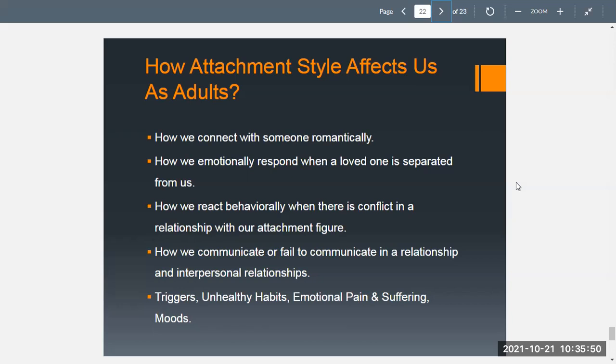And that's because the amygdala part of your brain, the fight or flight response, is activated by your attachment figure's behavior or comments, in the way they're treating you. And then that activates the fight or flight response.